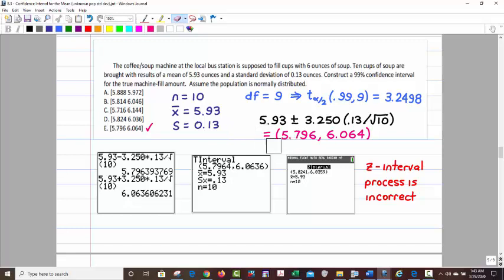So just using a regular calculator, you'd go 5.93 plus and minus 3.250 times 0.13 divided by the square root of 10. And you get 5.796 to 6.064. So it looks like answer E here is correct. I'm not showing the input, but there's the output, so no problem. It's correct.